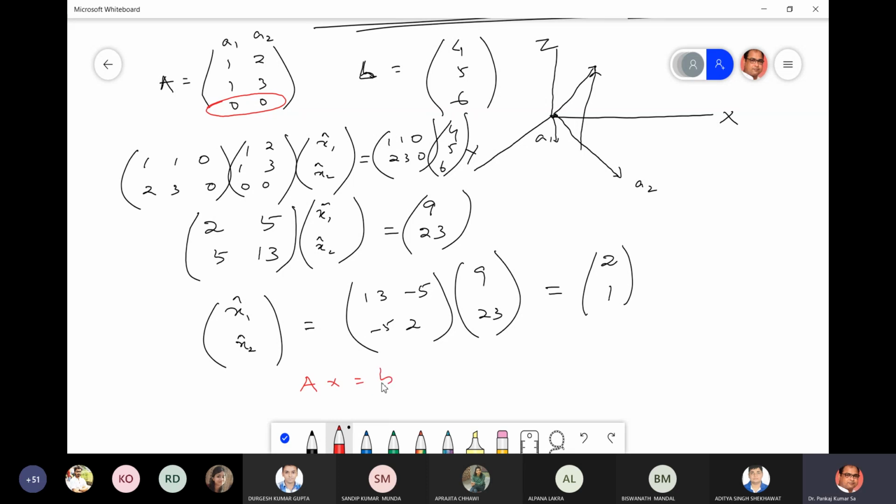X is 2, 1. A is 0, 0. And this is what the error is, 6. So this is something like 0 times 2 plus 0 times 1 is equal to 6. This is what your error is.